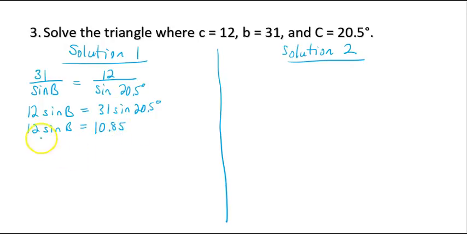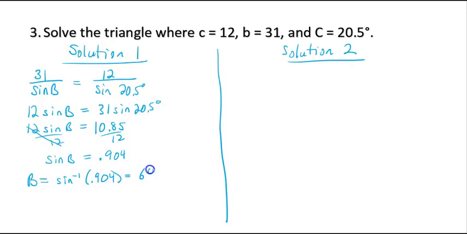I'm going to divide that by 12 so that this cancels, and the sine of B is 0.904. Now, this is one of those cases where you're missing the angle, so you have to do the inverse. So B is going to be sine inverse of 0.904, which should give you about 64.7 degrees. And so that is our angle B.